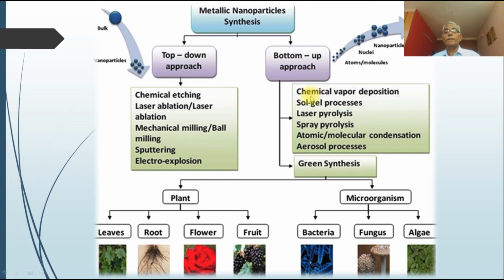In the bottom up approach, there are chemical vapor deposition, as I already spoke, laser pyrolysis, etc. And the third approach is green synthesis, in which, as I told you, some part of the plant is used, like leaves, root, flower, fruits, and microorganisms can also be used for synthesis.